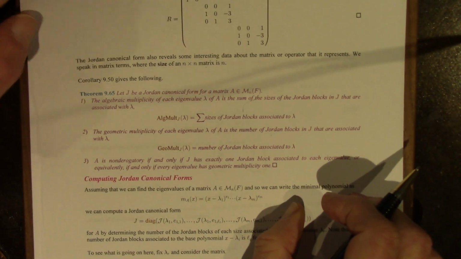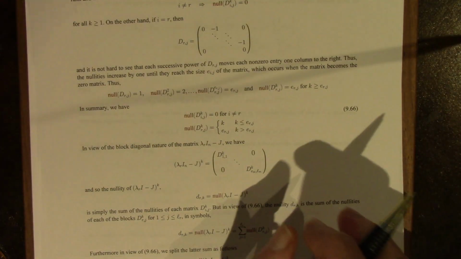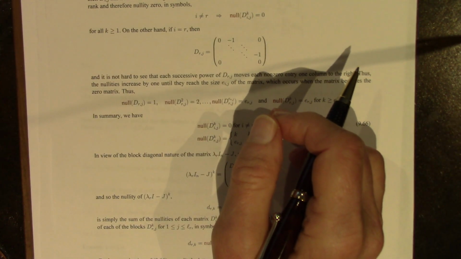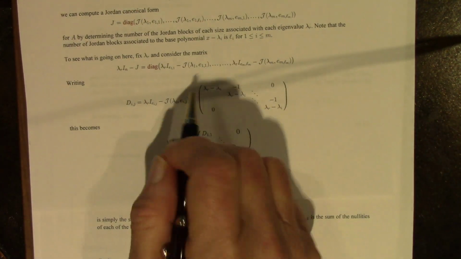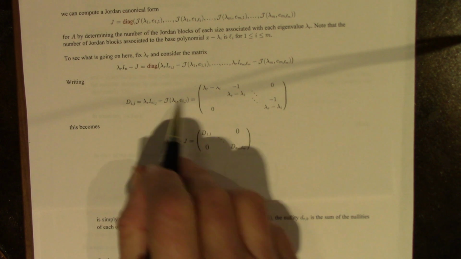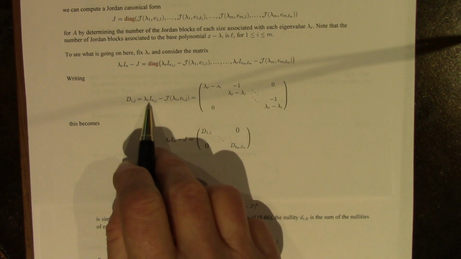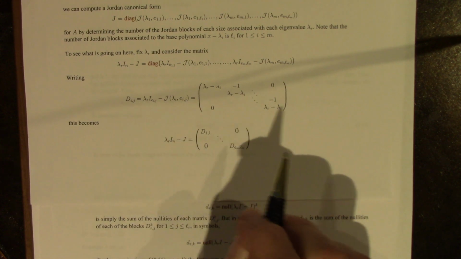Okay. Let's see, did I go too far here? Okay, so that's what a block looks like then, with these new blocks D sub ij.